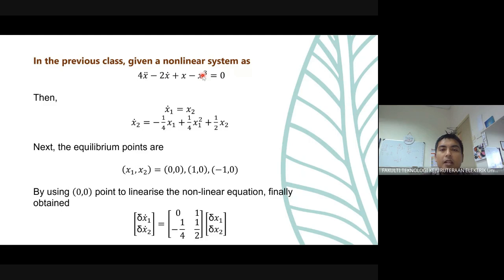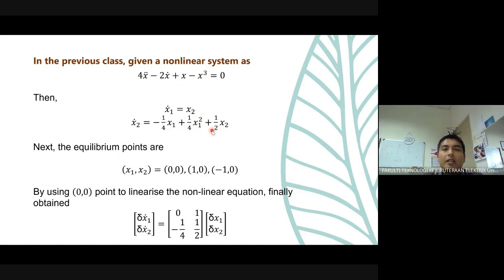After that, we converted this nonlinear system to the state space form: x1 dot equals x2, x2 dot equals negative 1/4 x1 plus 1/4 x1 squared plus 1/2 x2. This is what we get after converting the nonlinear system to state space.